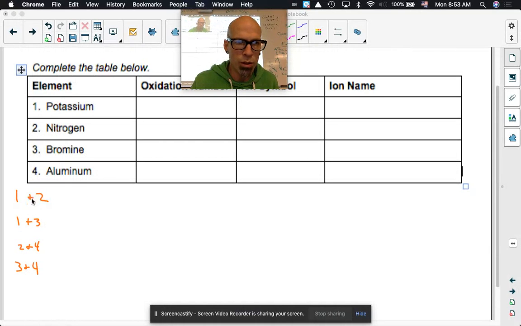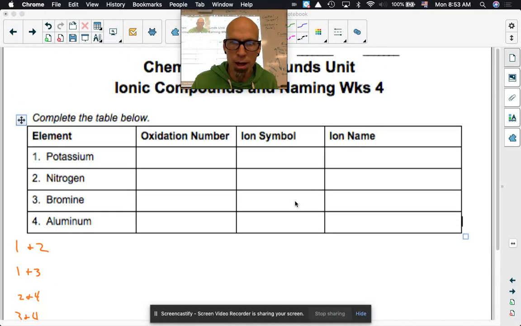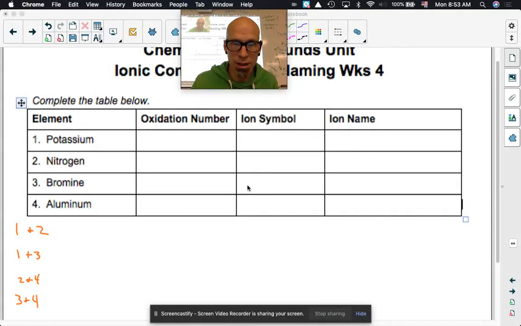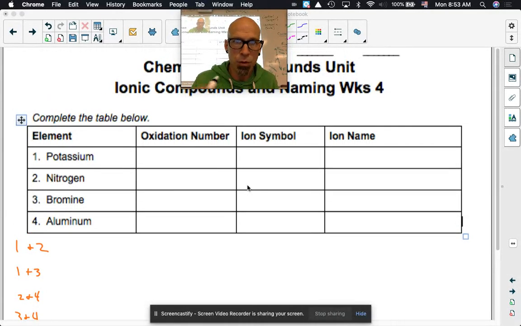I wrote down which ions we're supposed to pair together to make a compound, but we even have to just get the table filled in before we can even do that. So if you did not at least try this, I would pause, go try this, and then watch this to see if you're thinking correctly.